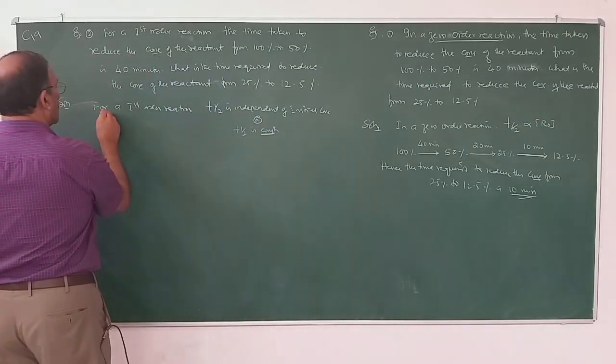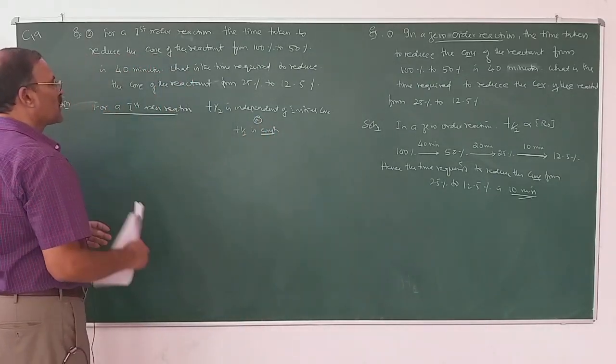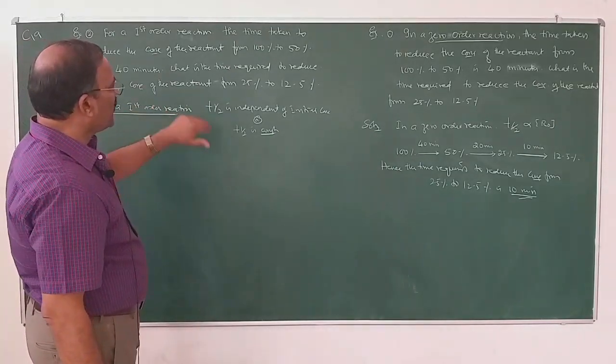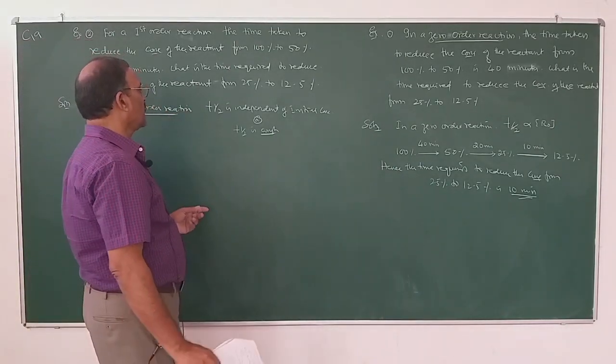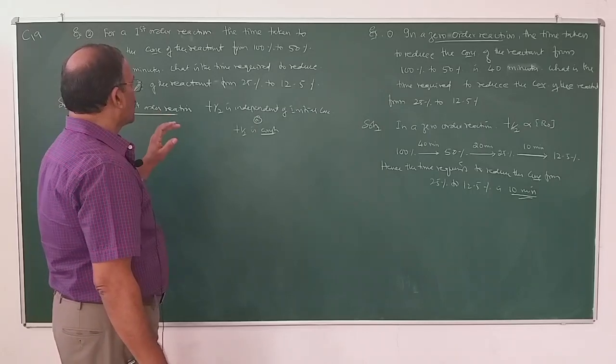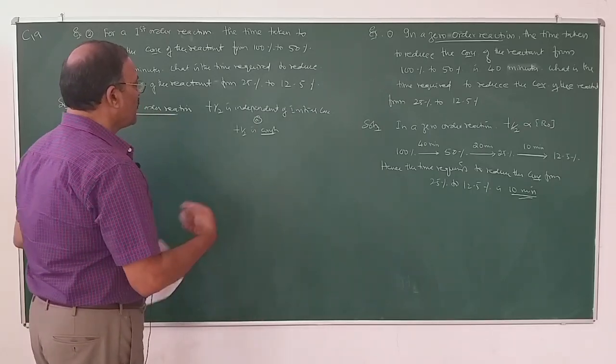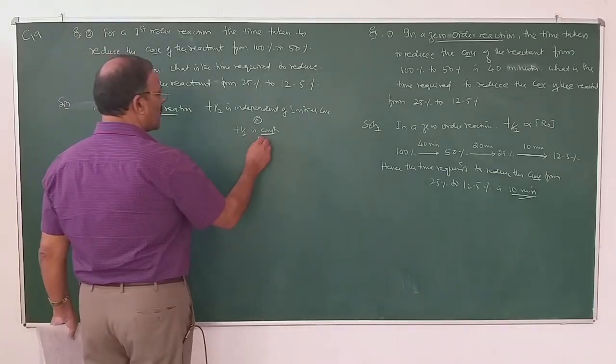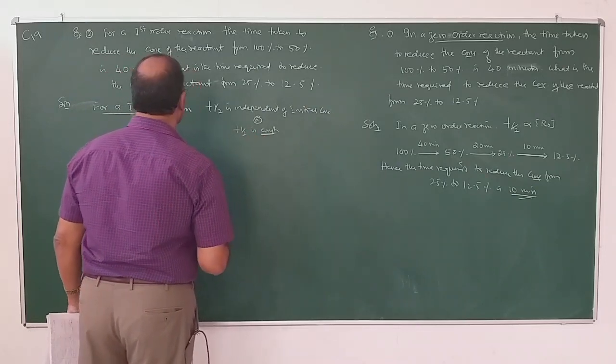So this you have to bear in your mind. For zero order reaction, T half is directly proportional to initial concentration. For first order reaction, T half is independent of initial concentration, or T half is constant.